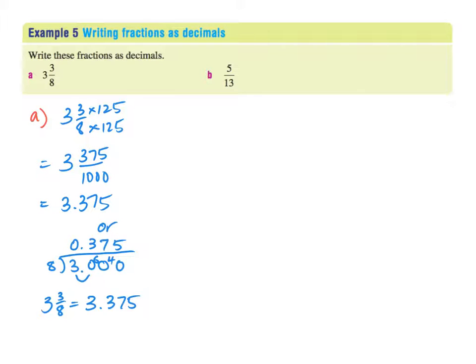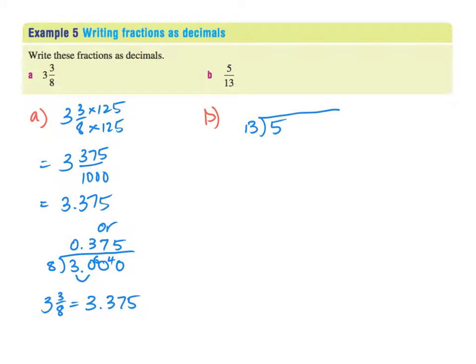Okay, when you look at example B now, I can't really think of a power of 10 that can be divided by 13. So we're just going to use the division method for this. So what we do is we take 13 divided by 5.